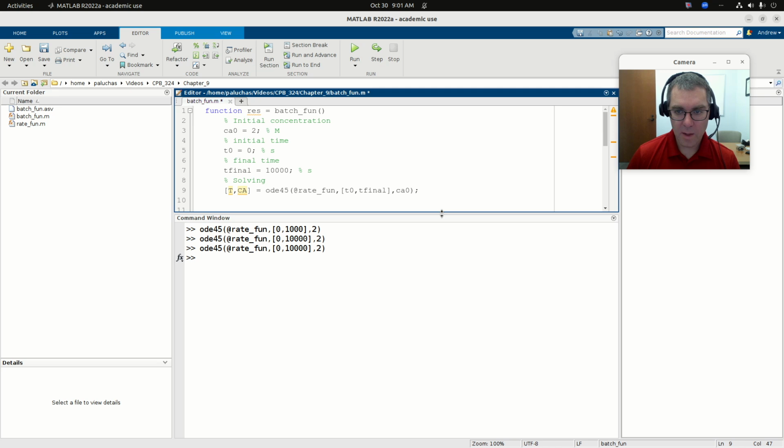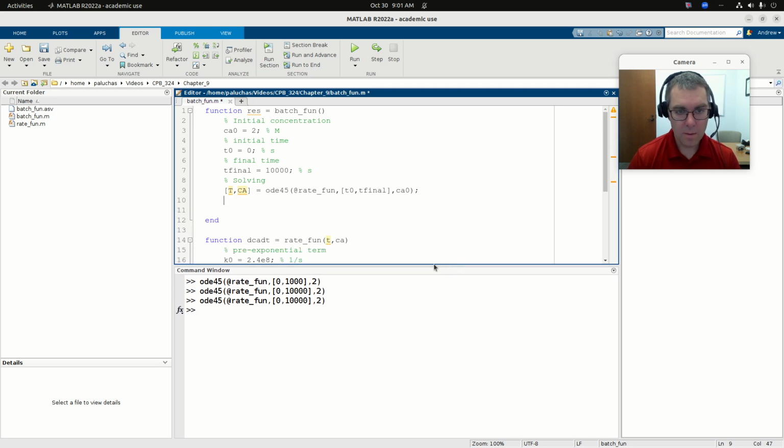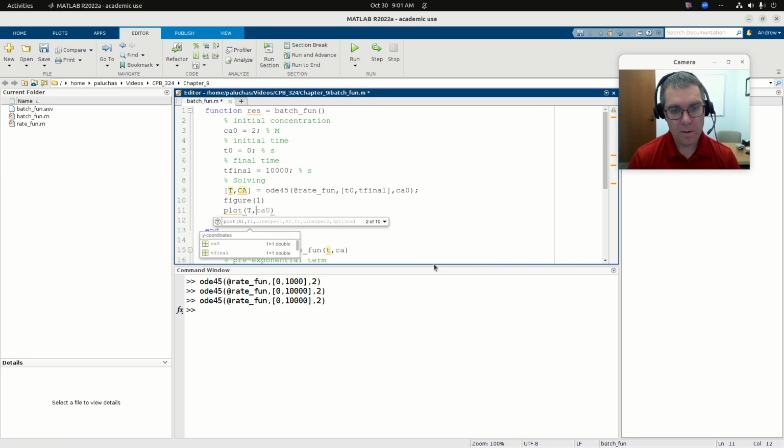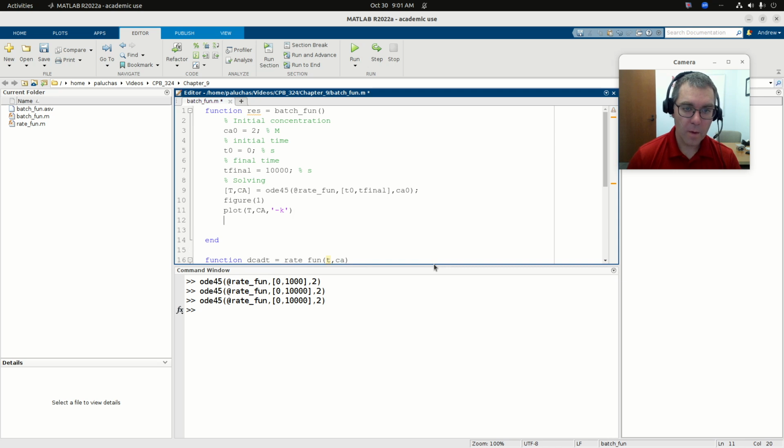And I'm going to plot. I'm going to open up figure 1 and plot t as my x variable versus Ca as a black line. Cool.